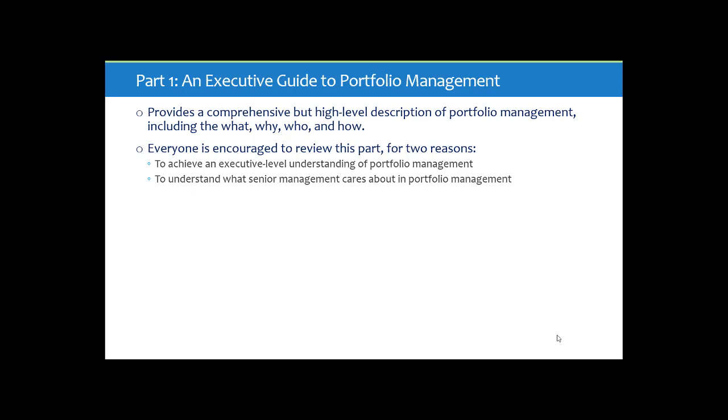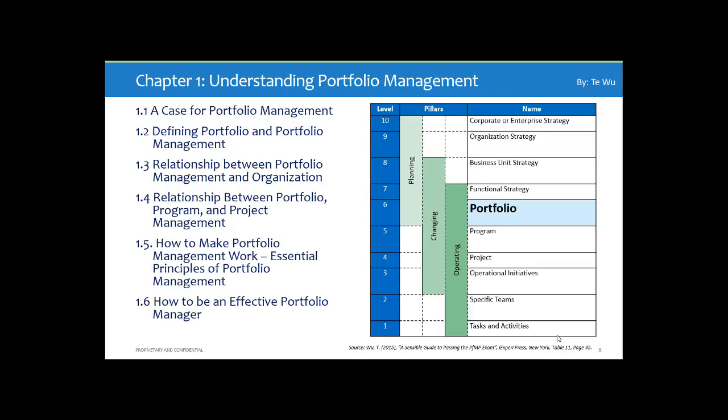Everyone is encouraged to review this part for at least two reasons. One, to achieve an executive level understanding of portfolio management, and to also understand what senior managers care about in portfolio management. Chapter 1 has a framework that really examines where portfolio management fits among all the organizational activities.